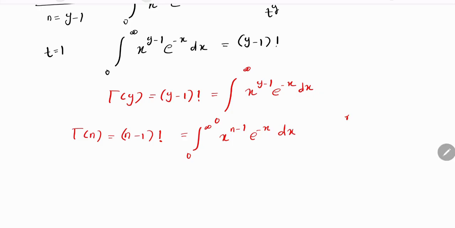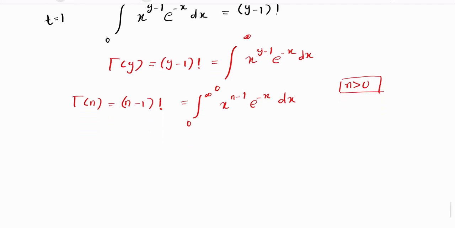Here n should be greater than 0. This is an improper integral, so it becomes unsolvable for 0 and negative numbers. This condition is very important, that is n greater than 0.